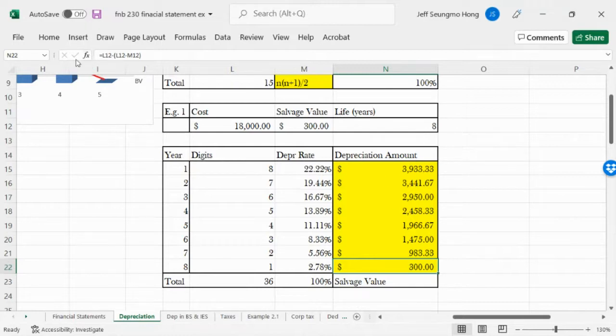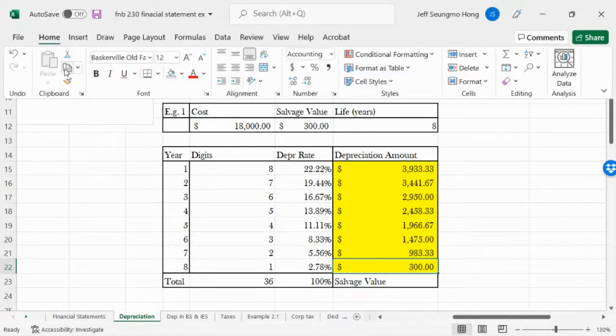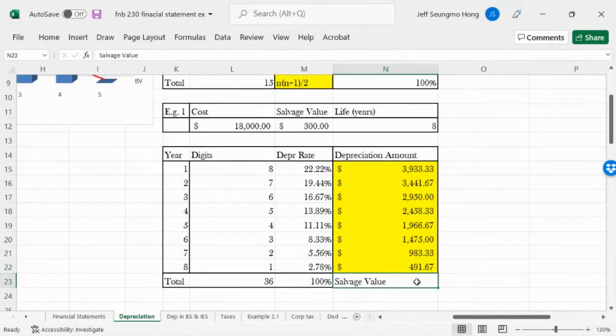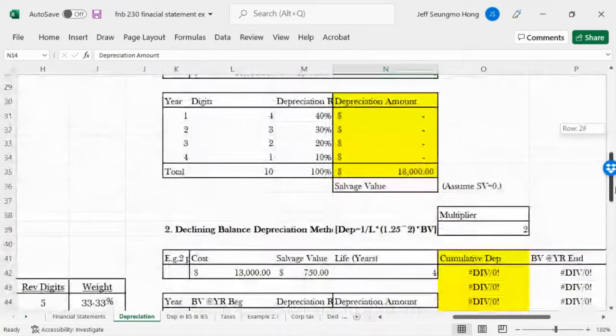Oh, I'm sorry. Okay, that's what should be. So this table is not complete. There should be a book value.